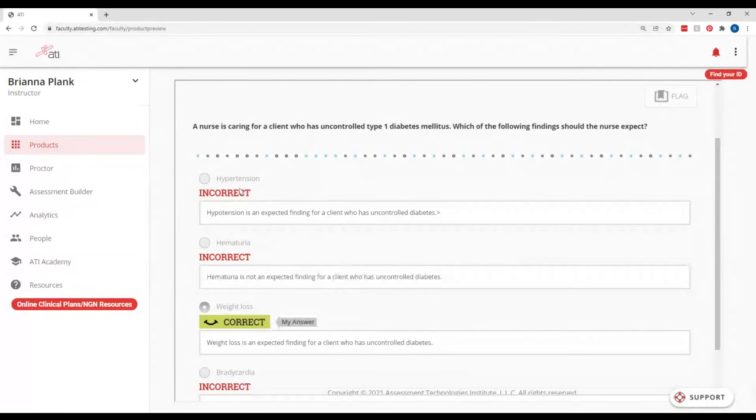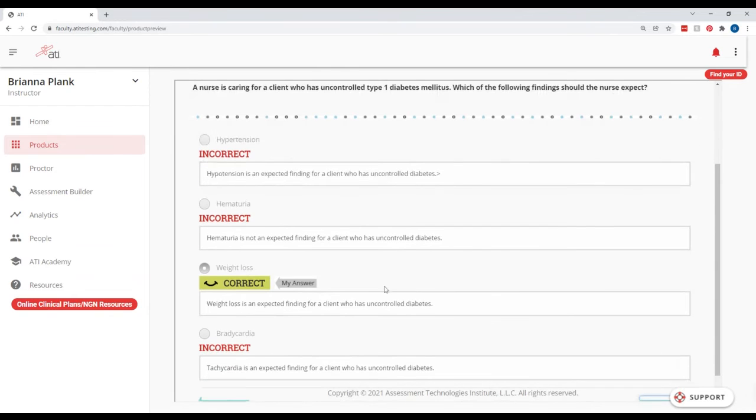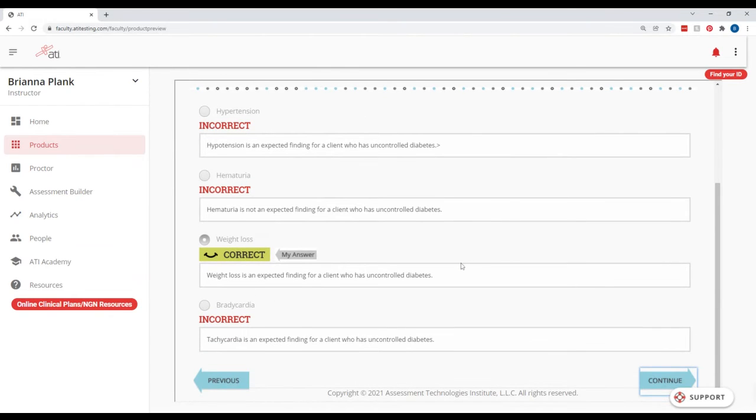So you would expect to see hypotension, hematuria. There's really no reason for blood to be in our urine. If it said ketones in the urine, then that would be something we'd be looking for. And uncontrolled diabetes, right? Tachycardia would be the finding that we would expect. And then weight loss makes sense.